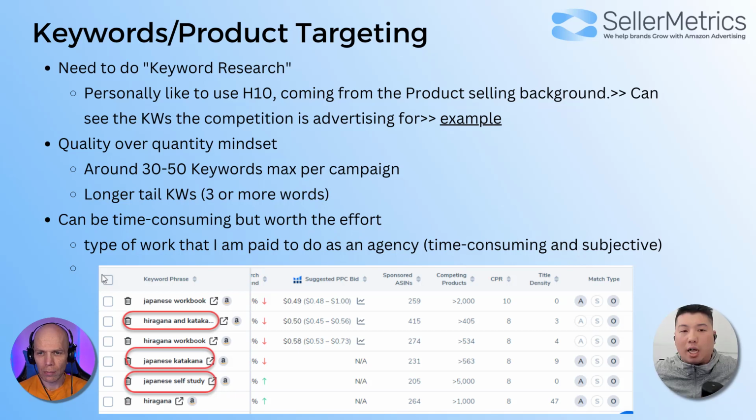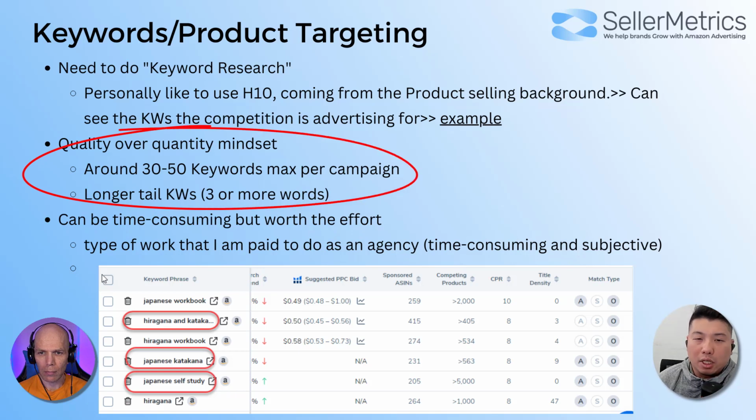For me, I like to put around 30 to 50 keywords within an ad group or campaign. I also like to add longer tail keywords, as in anything that has 3 words or more, because for longer tail keywords the cost per click is normally a bit lower and your conversion rate would be higher.